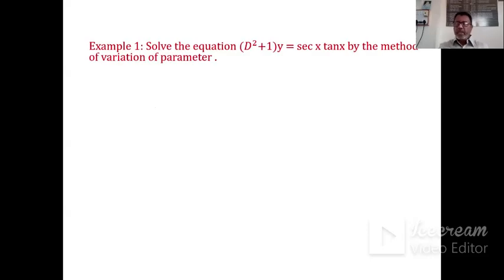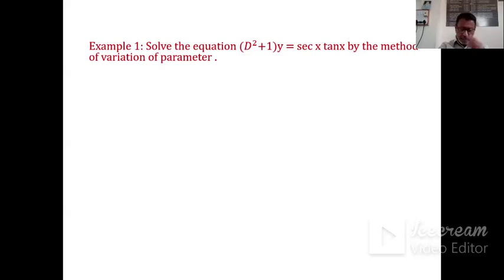Now see an example based on this topic. Solve the equation (D square plus 1) y is equal to sec x tan x by the method of variation of parameters. This method is applicable for both variable coefficients and constant coefficients.